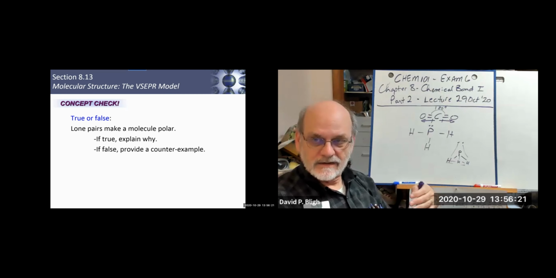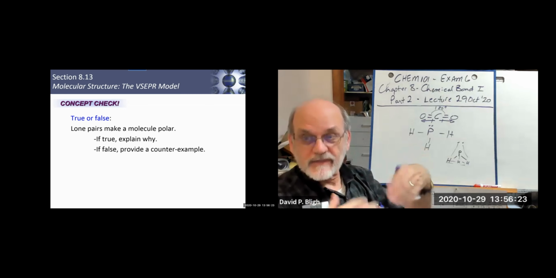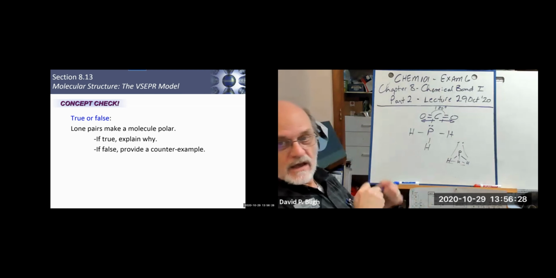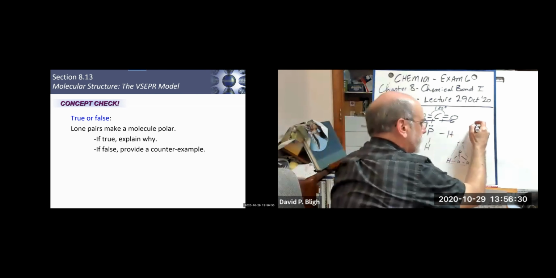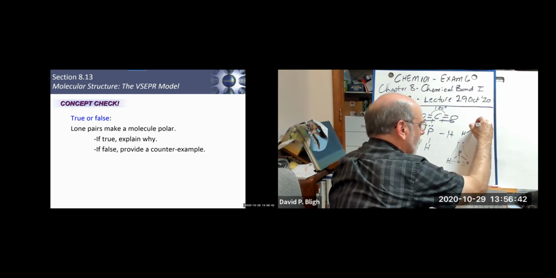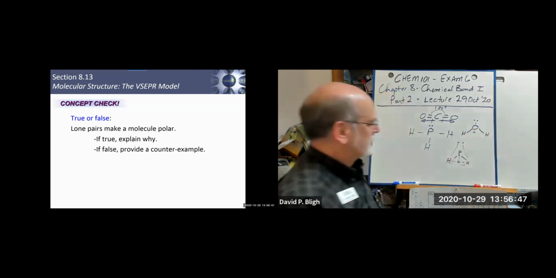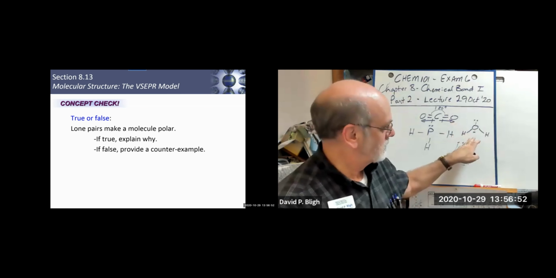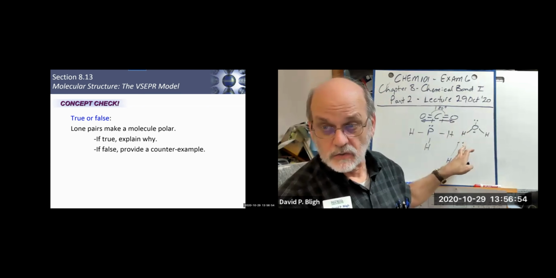And if they can, 180 degrees from one another, then they cancel one another out. But if they can't, like water, like that, then you have a tetrahedron electronic structure, but you have a bent molecule.